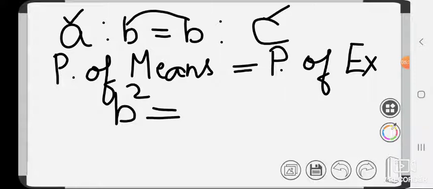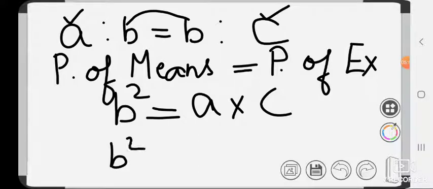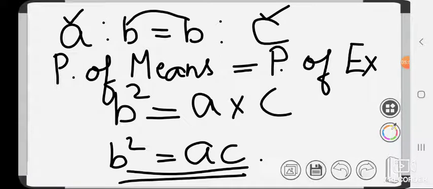A and C. So A into C. That is B square is equal to AC. Okay, what is the result you got? B square is equal to AC. Among them, A is known as the first proportion, B is known as the mean proportion, and C is known as the third proportion.